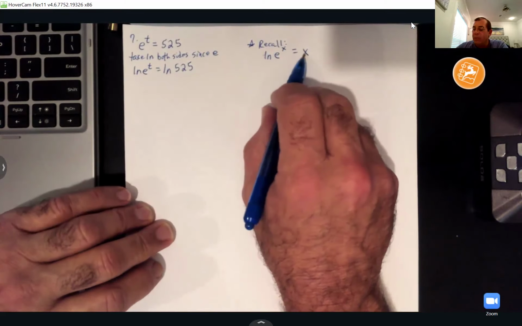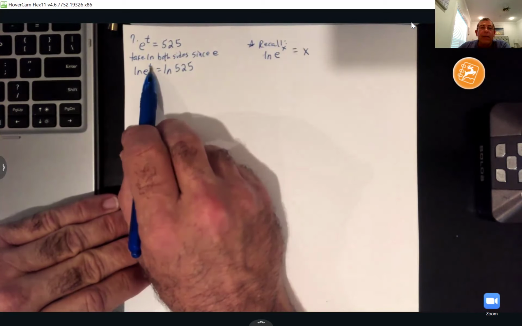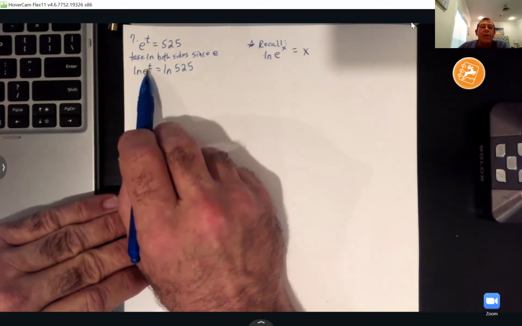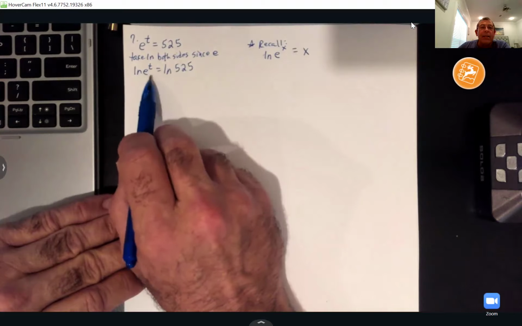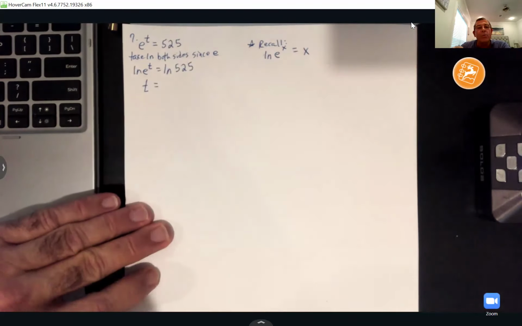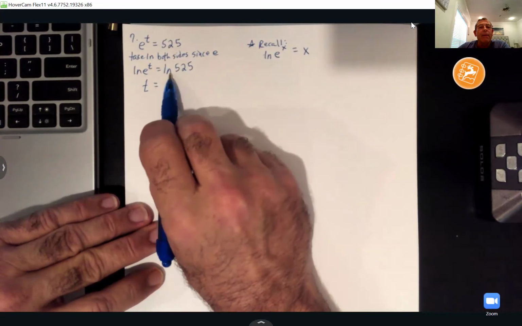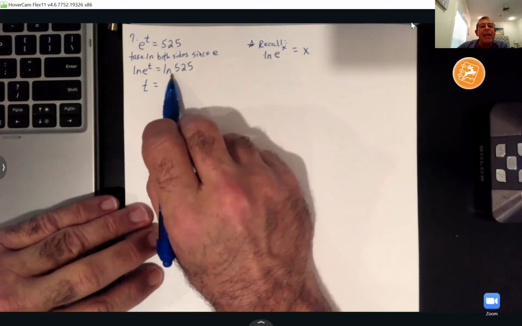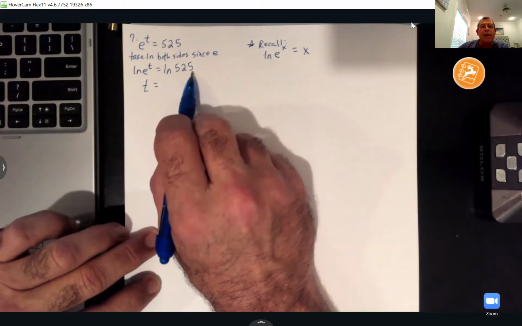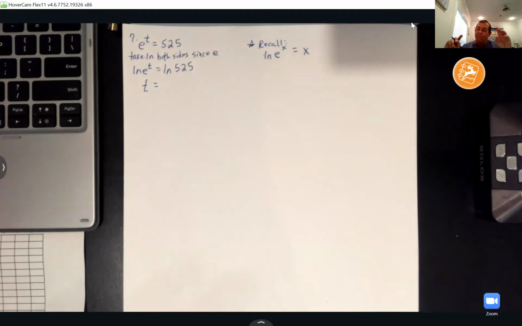We always said that equals the exponent. So the left side, you can bring the t down, but it don't matter because ln of e to the t equals t. It equals whatever the exponent is. Now the right side, we got to figure out what is the ln of 525. So punch that in and round me out 4 decimal places.